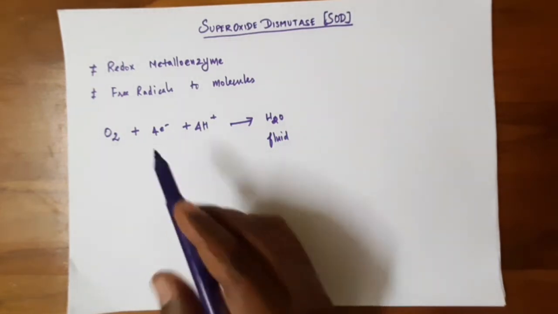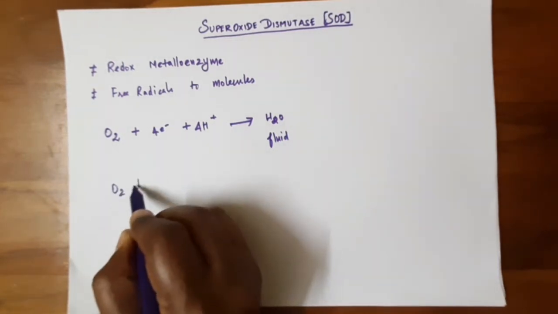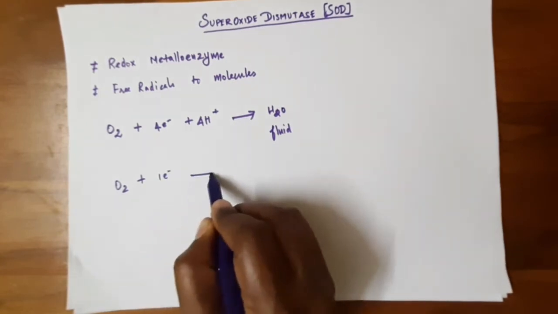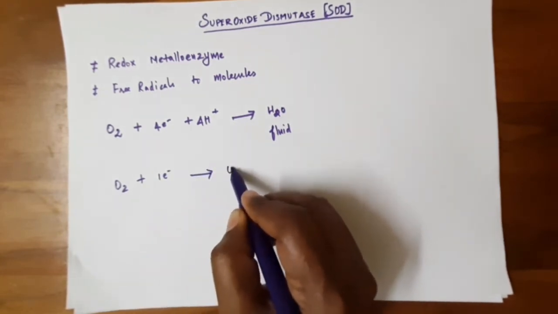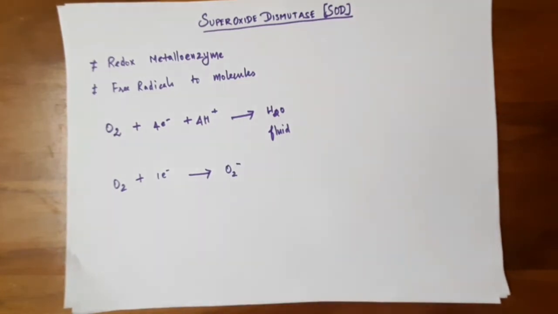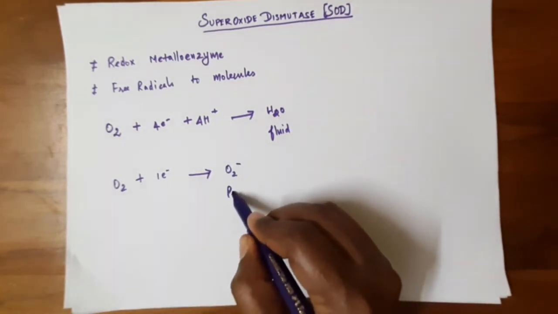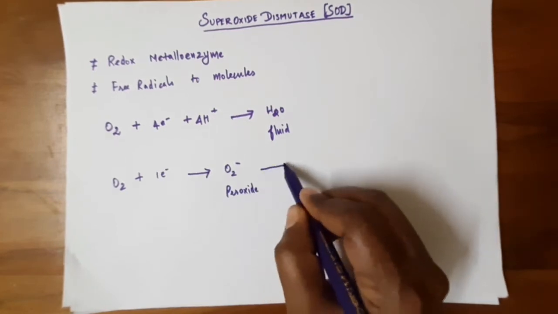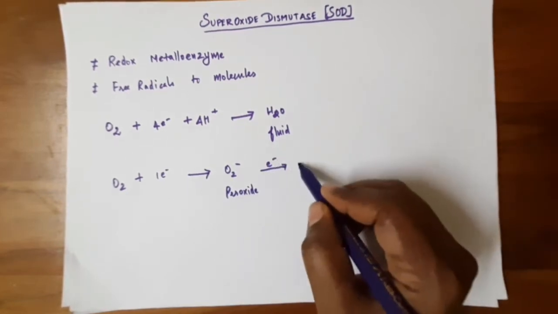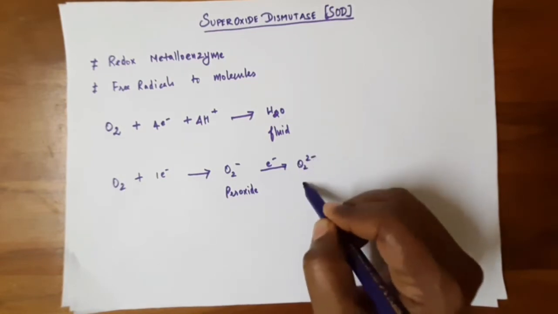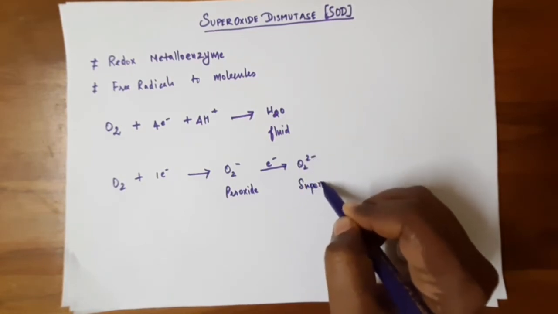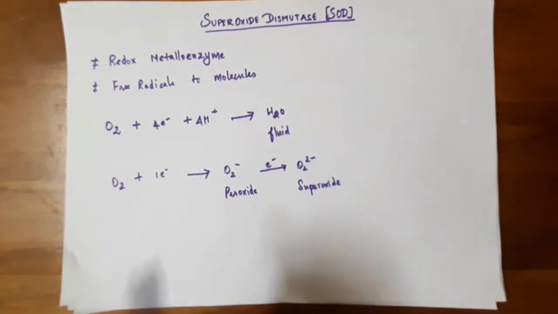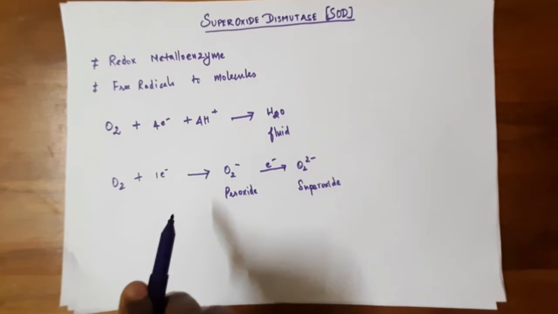Instead of 4 electrons, if oxygen takes 1 electron, it converts to peroxide. If it again takes 1 electron, it becomes superoxide. So in oxygen metabolic reactions, oxygen is converted into free radicals.